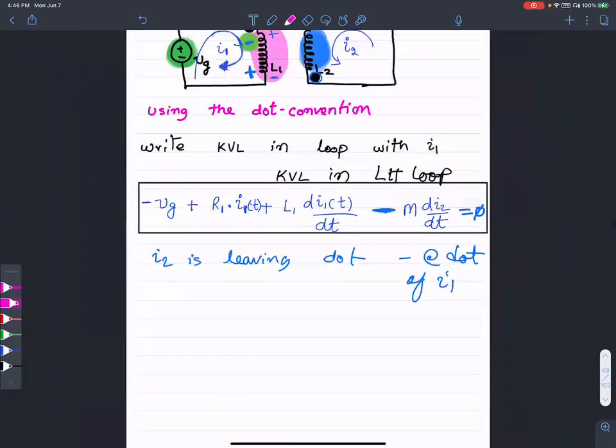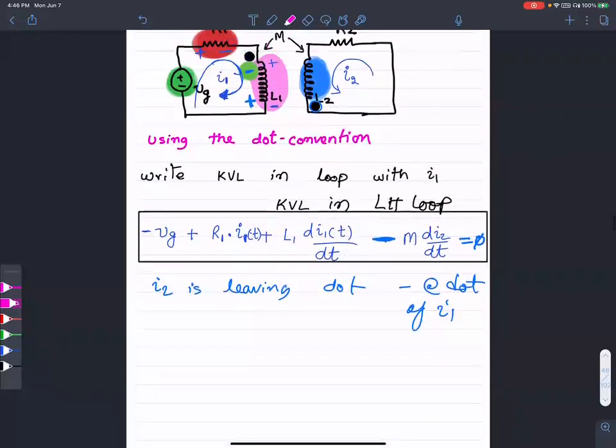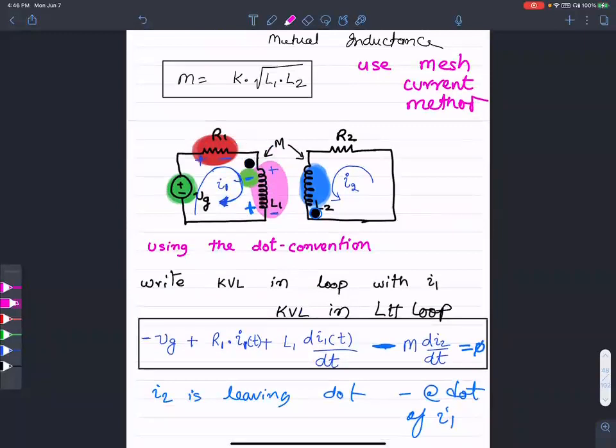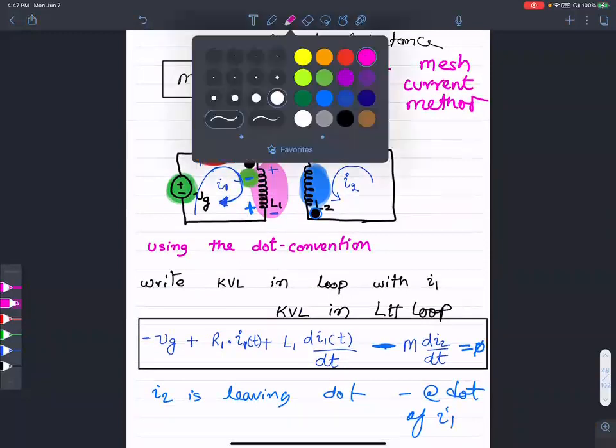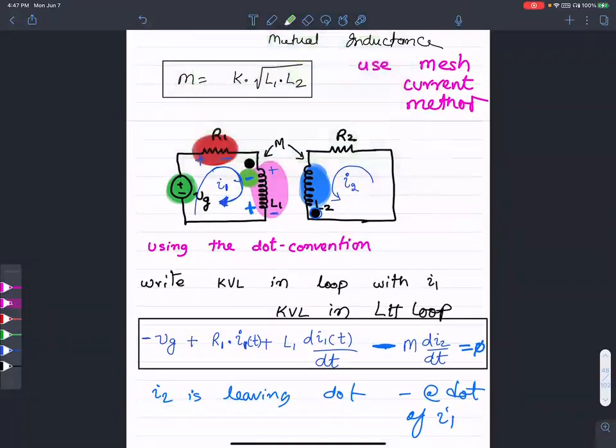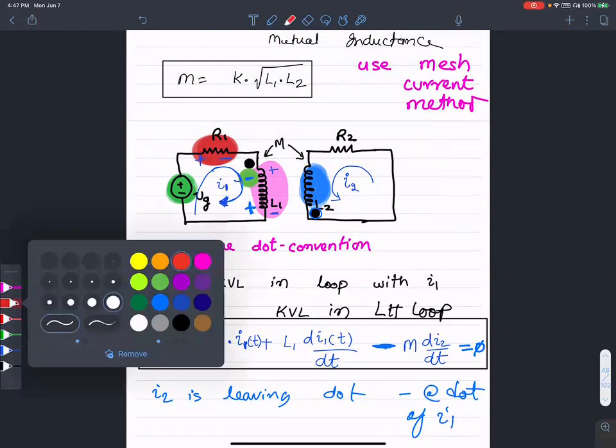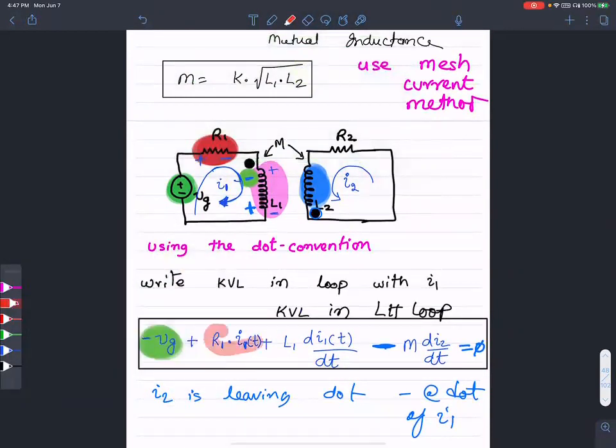Similarly, when you're looking at the loop on the left-hand side, where I1 is the main current, there is a voltage drop, green color voltage drop, in the direction of the loop. Then there is the voltage drop in the resistance. Then there is the voltage drop in the self-inductance.